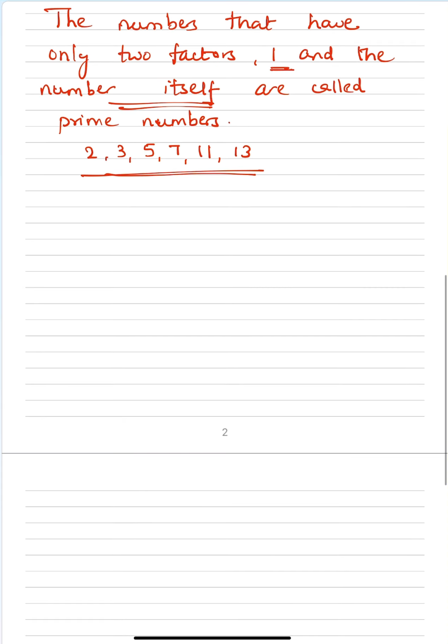But for these numbers, if I take 4, the factors are 1, 2, 4. If I take 12, factors are 1, 2, then 3, 4, 6 and 12. Correct? All these numbers which are having more than two factors are called composite numbers.